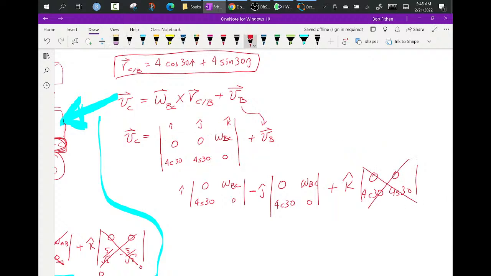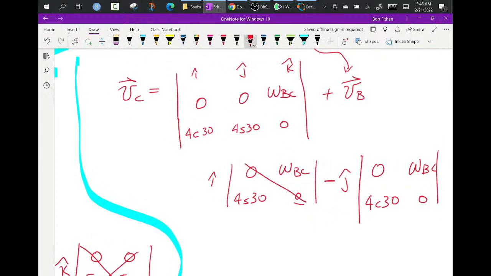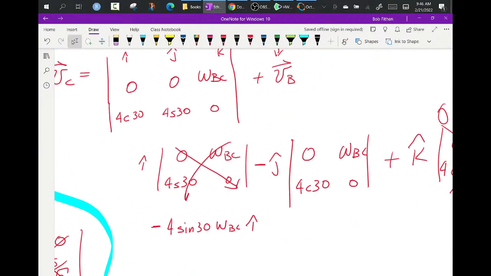This one's going to give you nothing, 0 to 0. This one is going to give you this, and you minus that: minus 4 sine 30 omega BC. You notice I expanded my shorthand back out. And then this gets you nothing, and this gets you a minus there. So this is going to be a minus, it's going to be a plus, it's going to be a plus, this is going to be a minus.